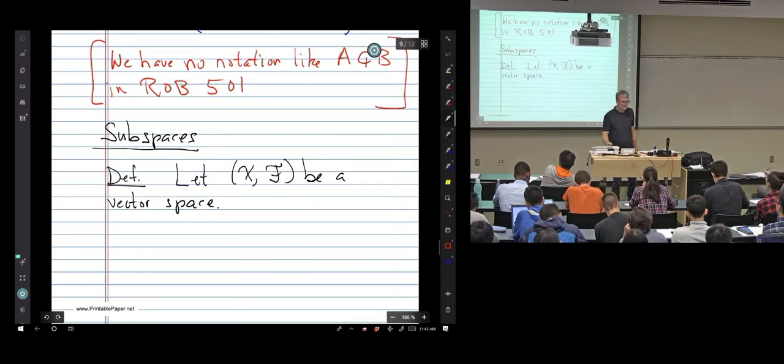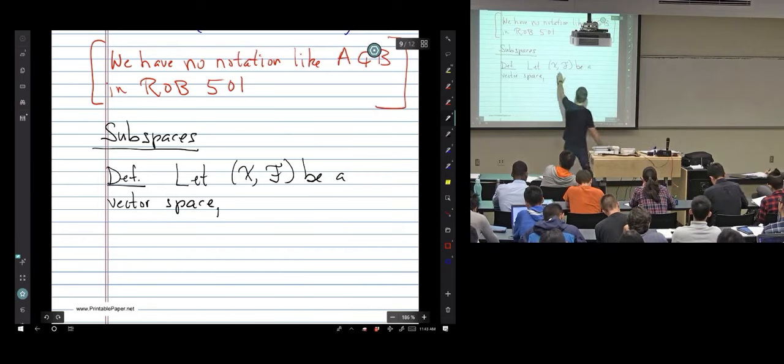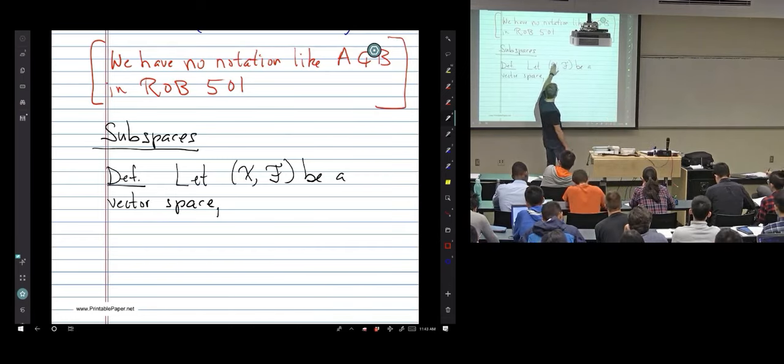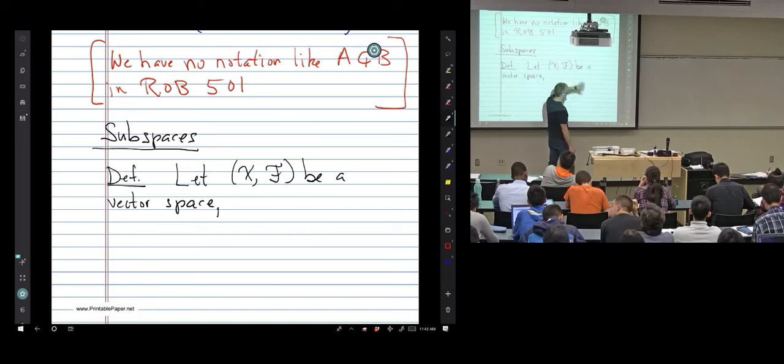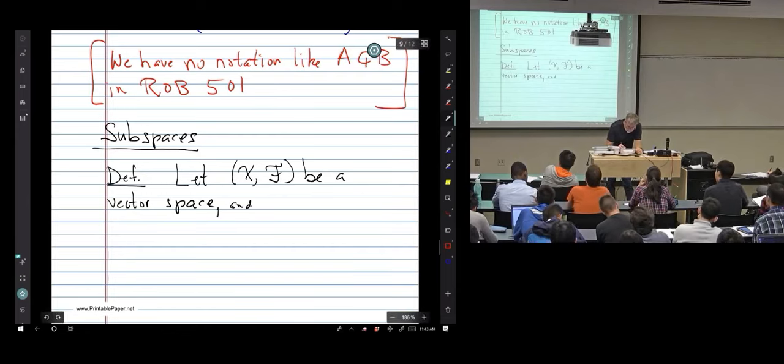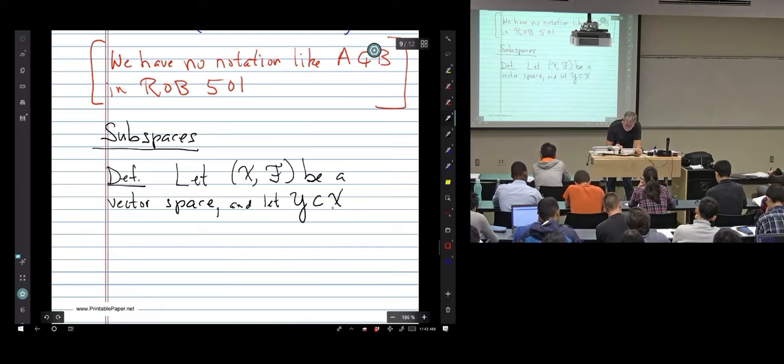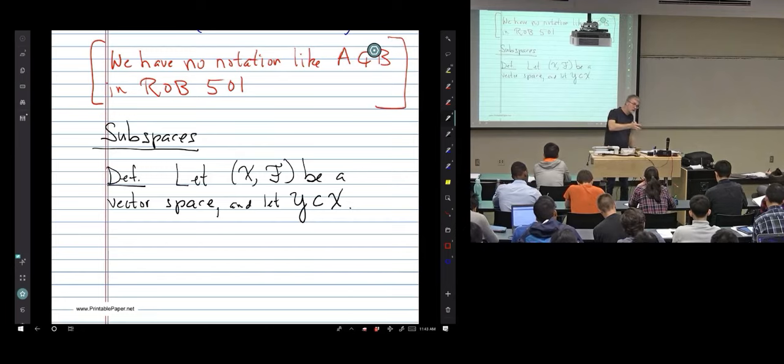Okay, these are the vectors, these are the scalars. We have vector addition, scalar times vector multiplication, axioms 1 through 10. And let Y be a subset of X. Once again, it could be all of X, it could be part of X, I just don't care, okay?